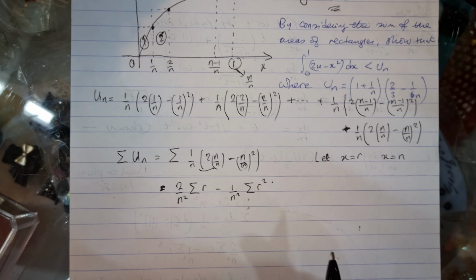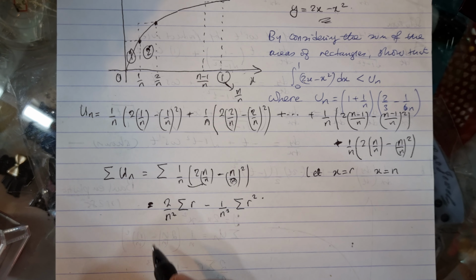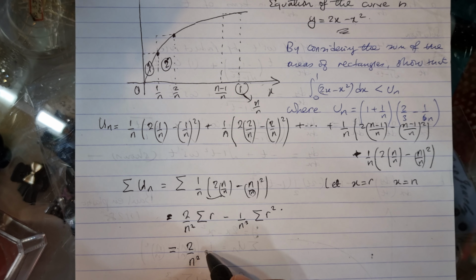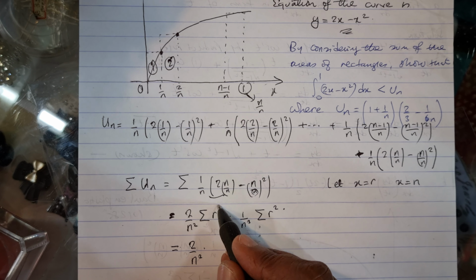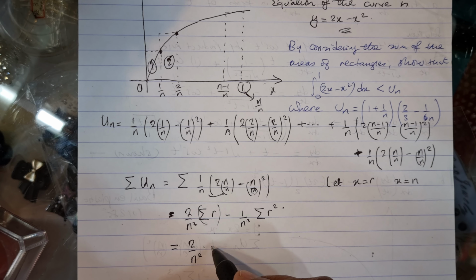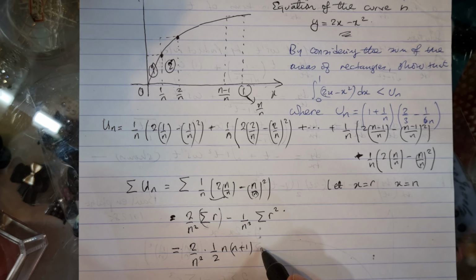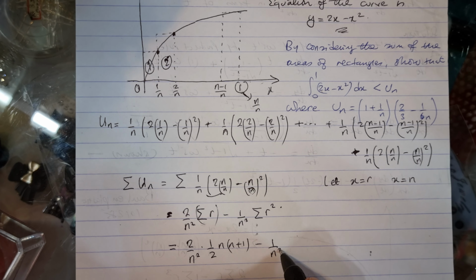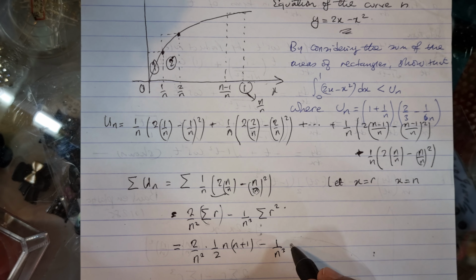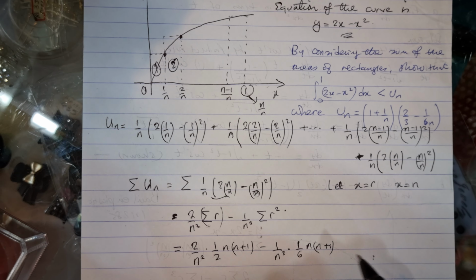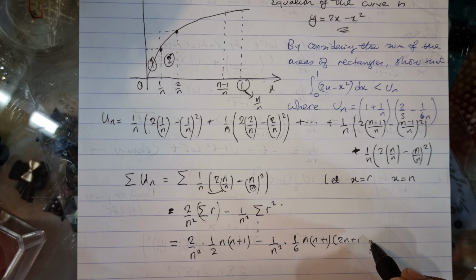Now from the list of formulae, we're going to get 2 over n squared times the sum of r, from MF19, is 1 over 2 n times (n plus 1), minus 1 over n cubed times the sum of r squared, which is 1 over 6 n times (n plus 1) times (2n plus 1).